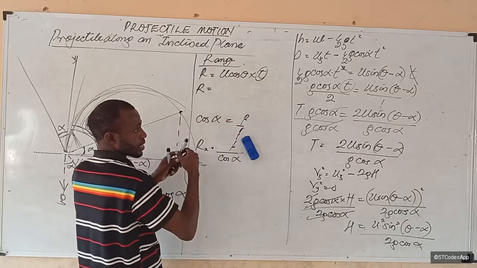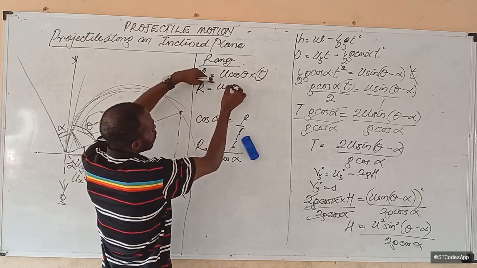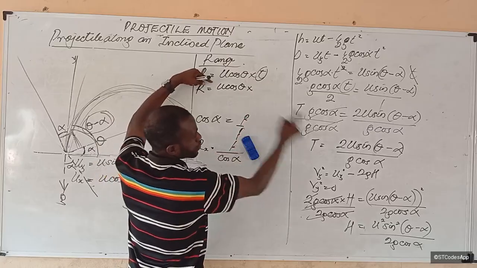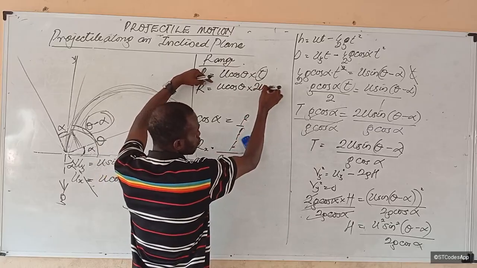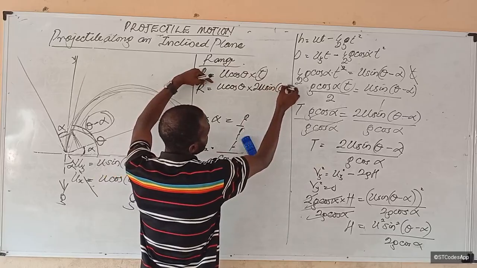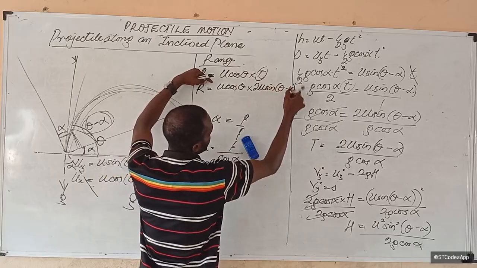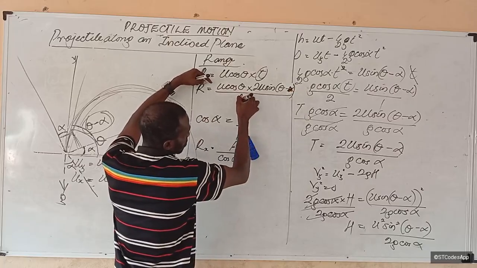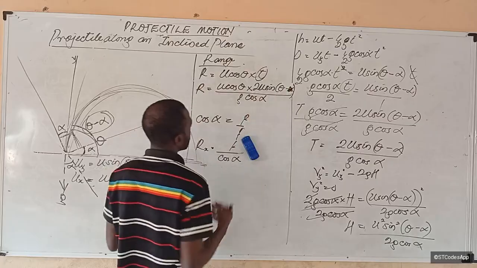So it will be equal to u cos theta times the total time of flight, which is 2u sine theta minus alpha over g cos phi.